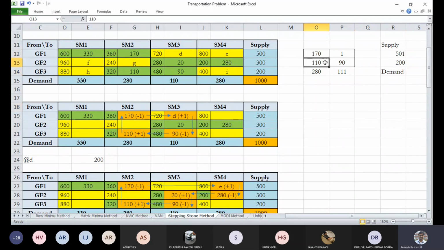Then we go back to this. Since it is 89, say I add, that will become 89, so this comes back to 110. But then the supply gets reduced by 1, so it will become 199, right?